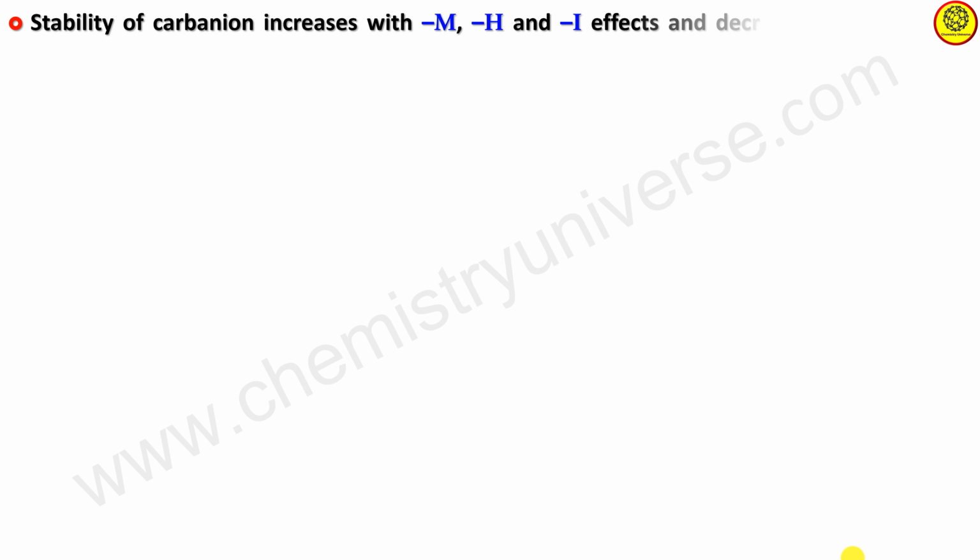So remember, the stability of a carbanion increases with -m, -h and -I effects, while it decreases with +m, +h and +I effects. So basically what we are trying to say is that the stability of an anion, not just a carbanion, for that matter any anion, will increase by withdrawing effects.